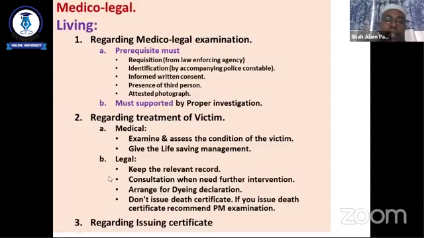Legal duties: keep the relevant records. All the relevant records should be noted, stored and preserved. Consultation when further intervention is needed: consult with another colleague. Arrange for dying declaration.